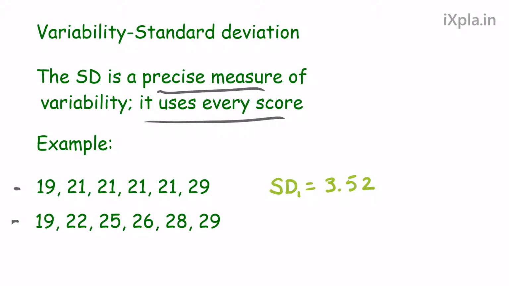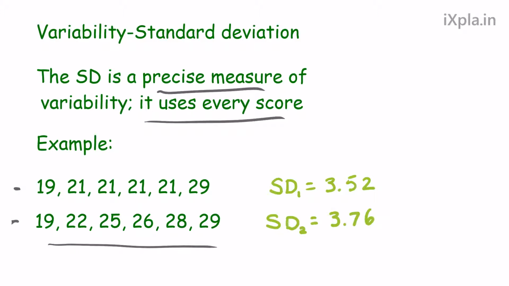Look at the two data sets. Which one is more variable, do you think? Well, there's more variability in the numbers in the bottom data set, right? They vary more relative to each other. So we would expect, if we have a good measurement of variability, that we would have a higher number, a higher standard deviation.